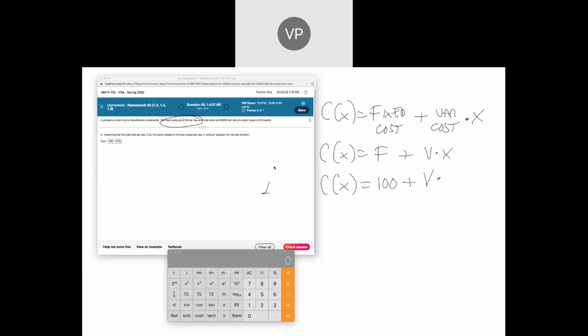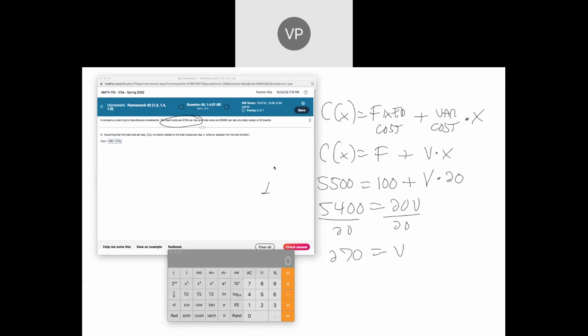What we do know is there were 20 boards made that day. Now that 5,500, I made a mistake. That was the total cost. That's what goes over here. Total cost was 5,500. So we need to solve this. And it looks like it's going to be 270 equals V.